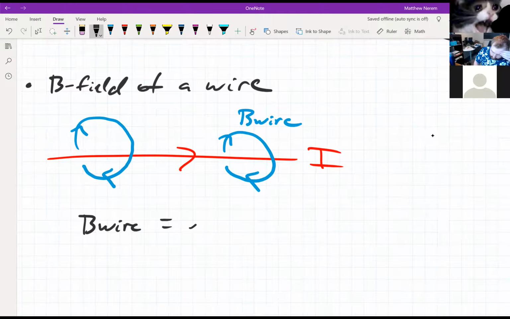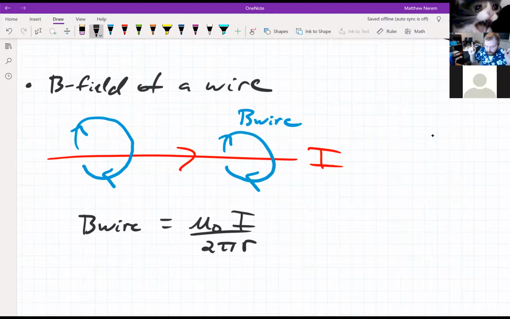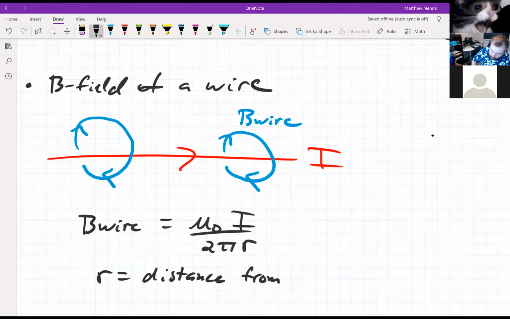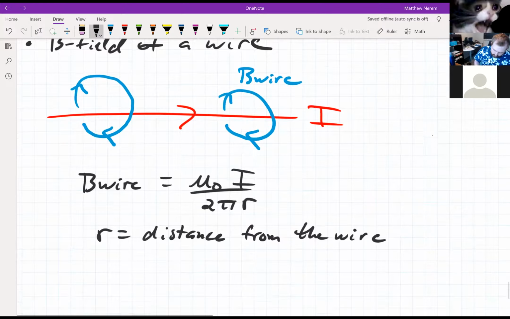And so the expression for that is mu naught I over 2 pi r, right? What is r here? Distance from the wire. It's how far away from the wire you are, not the gauge, the thickness of the wire.